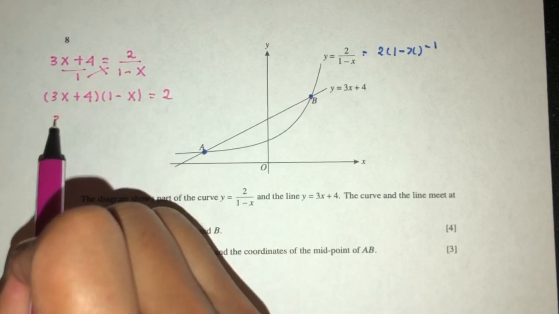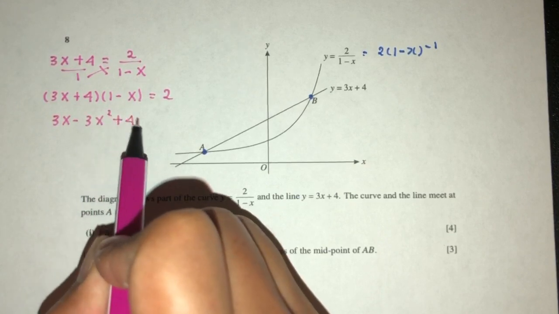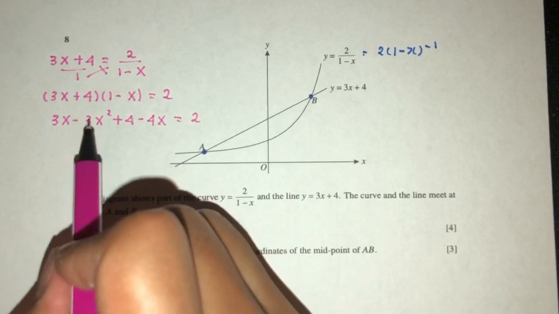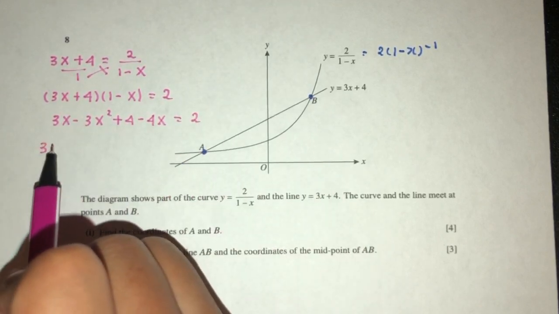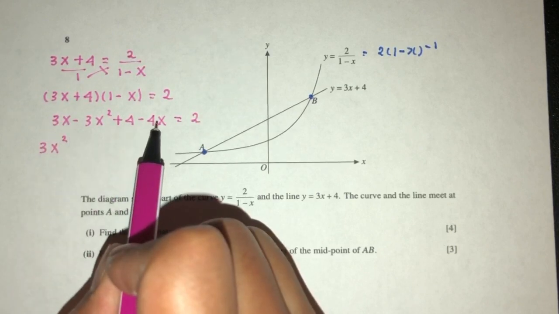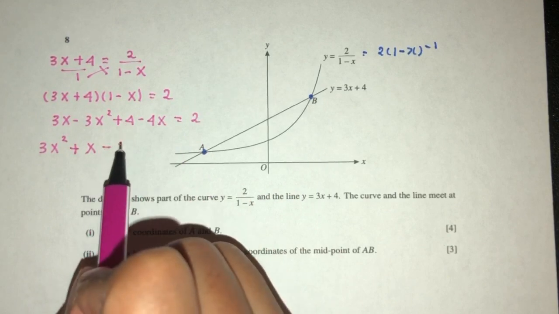Expand, you will have 3x minus 3x squared plus 4 minus 4x should be 2. Simplify, send everything to one side. Yeah, 3x squared. So here we have 3x minus this will be minus x, and over here will be plus x. 2 minus 2 is 0.